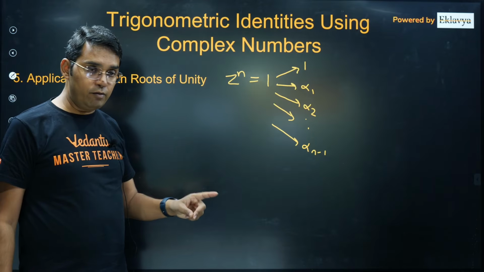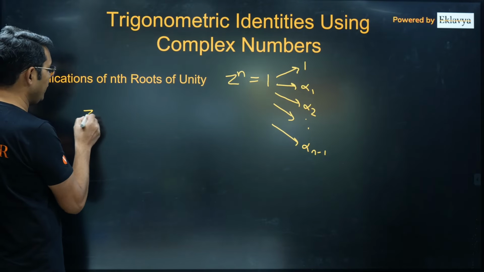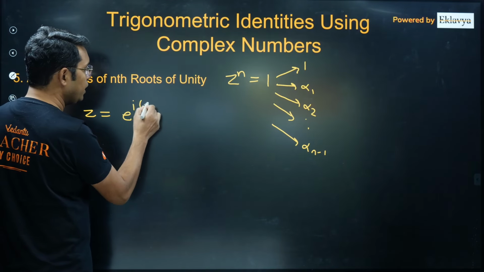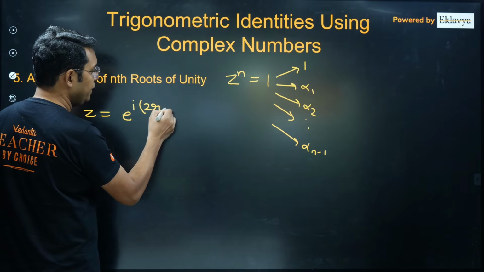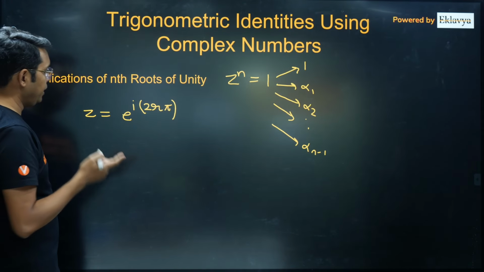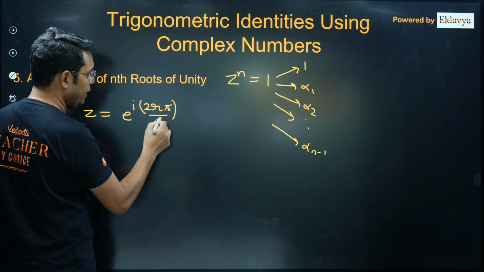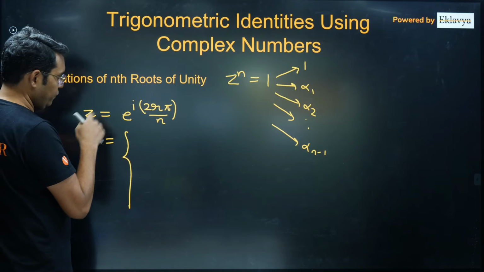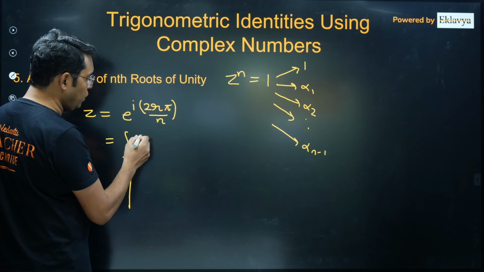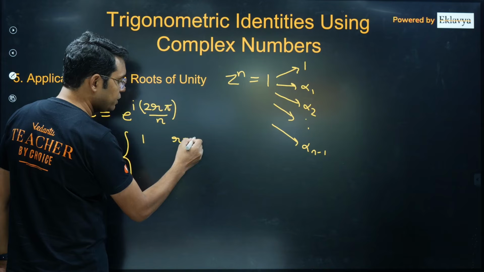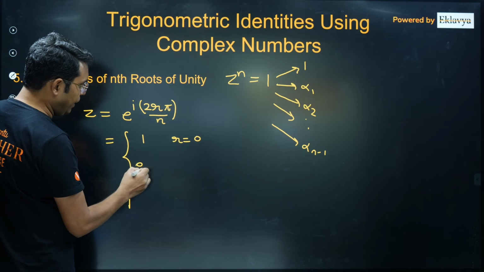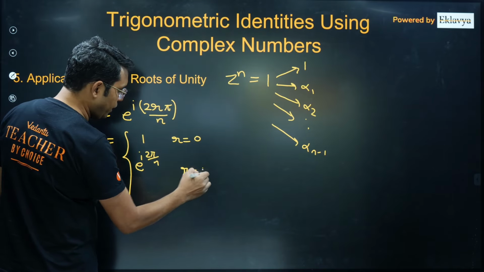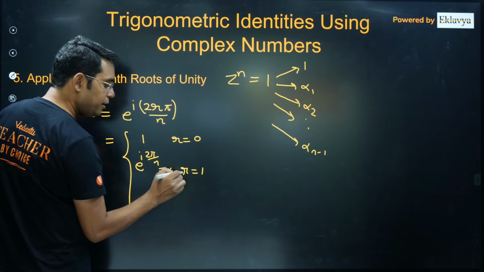Now using De Moivre theorem, we can say this 1 is actually e power iota 2r pi. In general r pi we can write, and this n will come here. So you can see this z will be equal to, if you take r as 0, it will be 1. If you take r is equal to 1, it will be e power iota 2 pi by n, which I am calling as alpha 1.